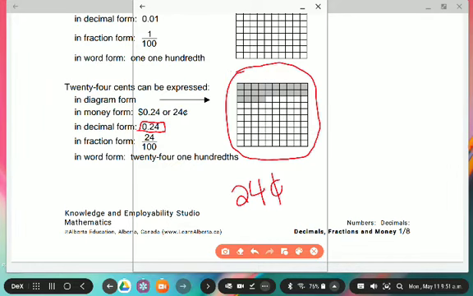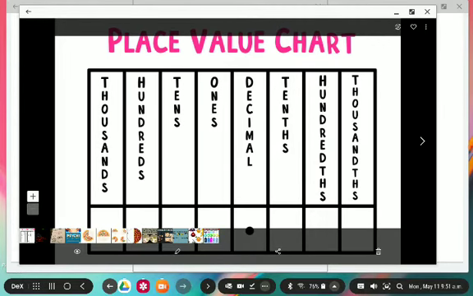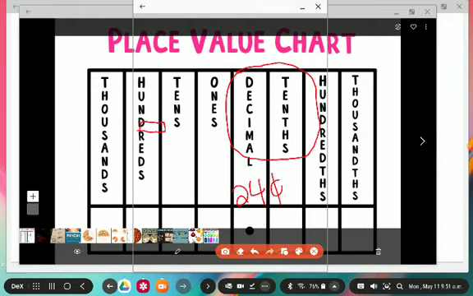So now we've actually got something in our 10th section. The decimal form of that was 0.24. So let's draw that in here.